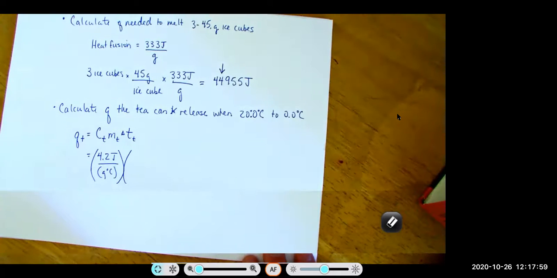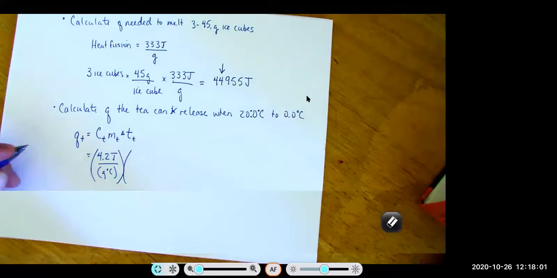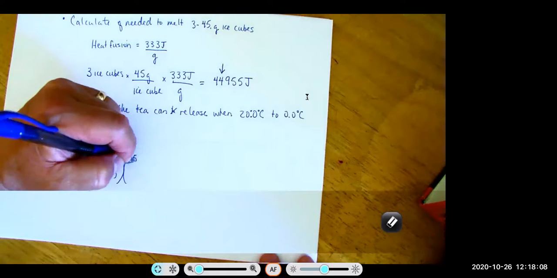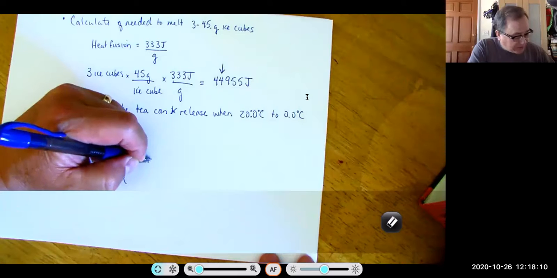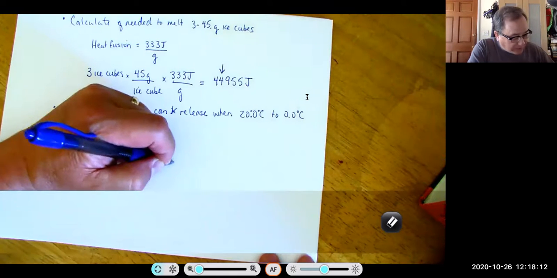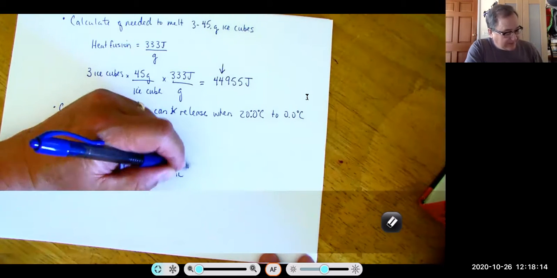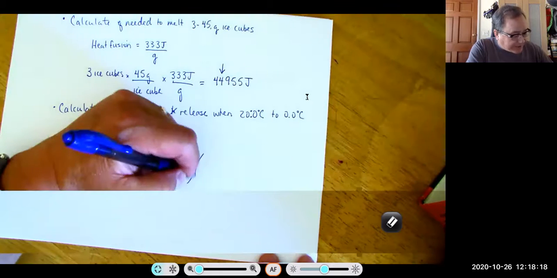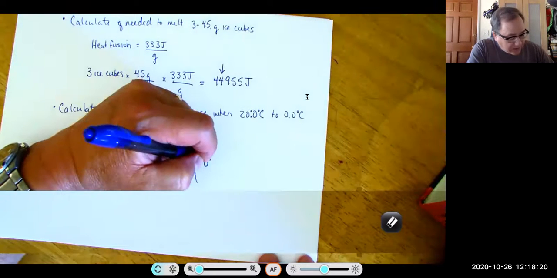Actually, I think that they gave us that there's 500 milliliters of tea. Right. But they don't give us the mass. Oh, okay. So we're going to take that 500 milliliters and multiply by 1.0 grams per milliliter. Okay? And the change in temp of the tea is going to be from 0 to 20.